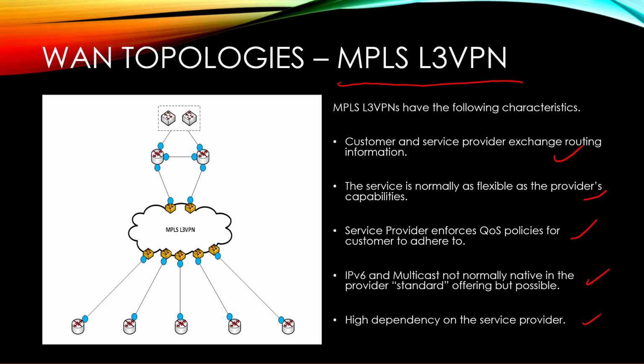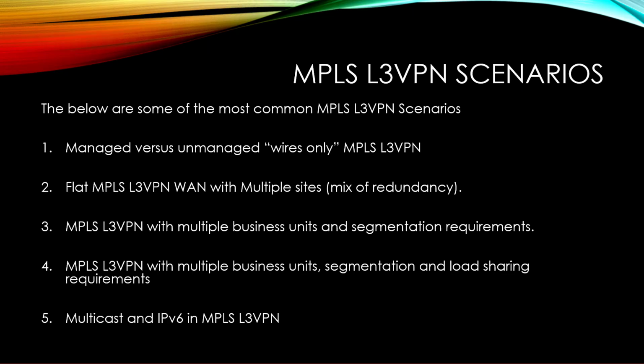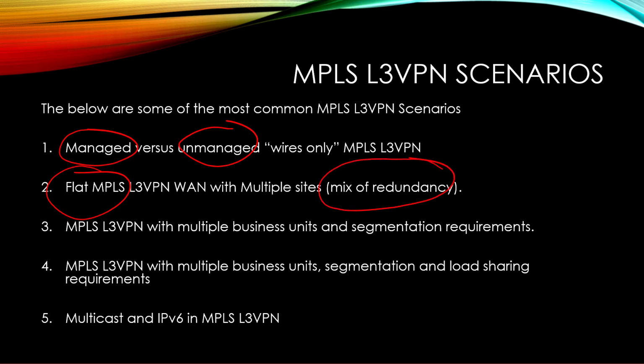After we've explained the technology, we will move into some scenarios. So for example, on this screen, we may or may not discuss all of these subject matters. It depends on the appetite of the class. But for example, we may talk about managed versus unmanaged, a flat MPLS with multiple sites and a mix of redundancy. So here we're really looking to identify what the customer requirements and constraints are.